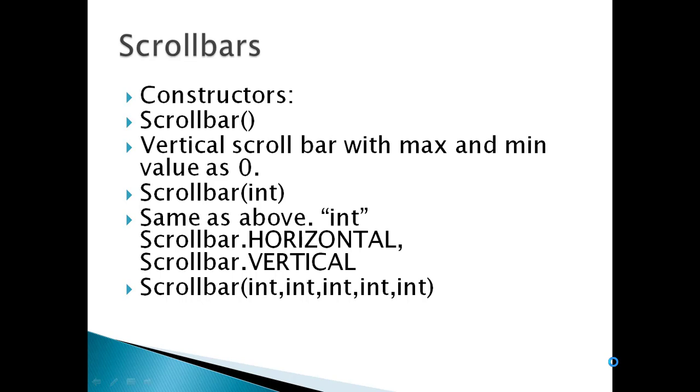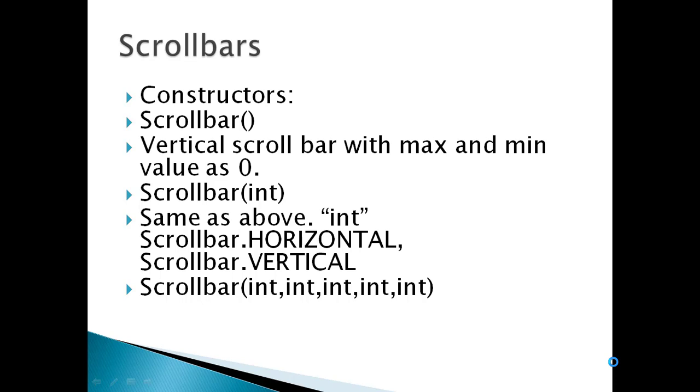First is the Scrollbar default constructor, which creates a vertical scroll bar with min and max values as 0. The default constructor creates the vertical scroll bar and its min and max values are 0.